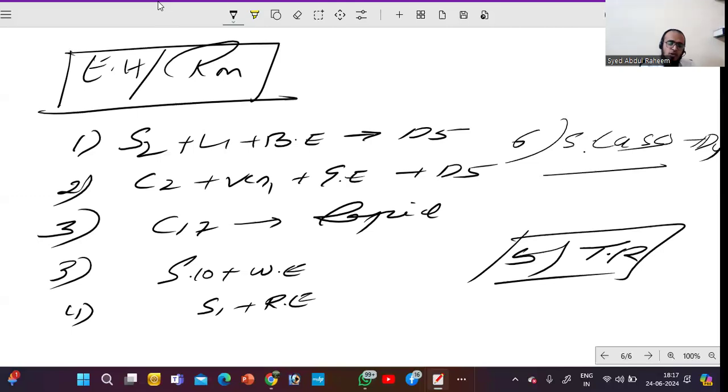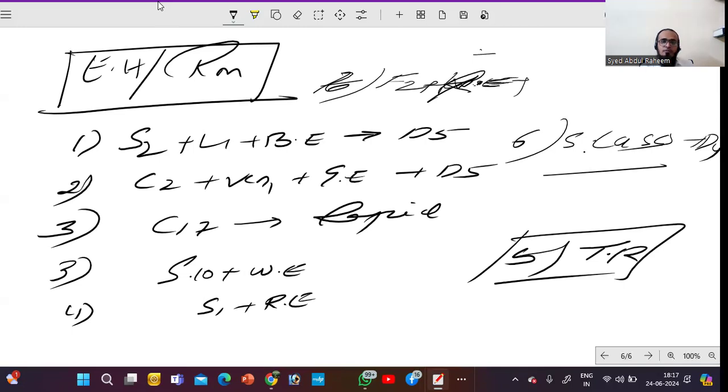You can apply F2, 6th, 7th. Sorry, F2, WE, and you have the right side. Sometimes you can get here YE also, F2 YE. The right side is negative now, so you can get positive RE.